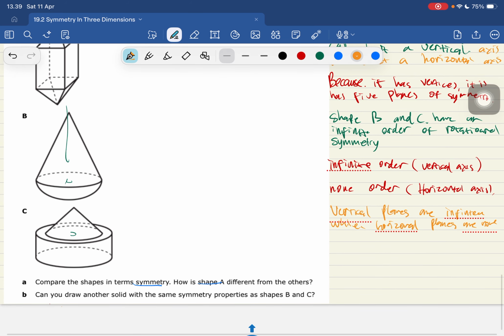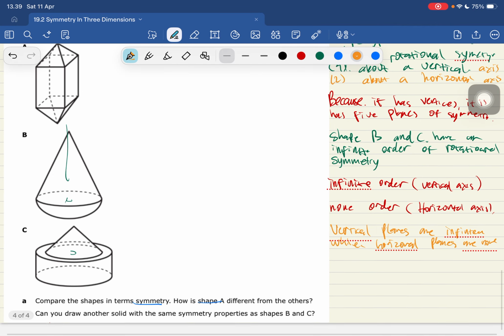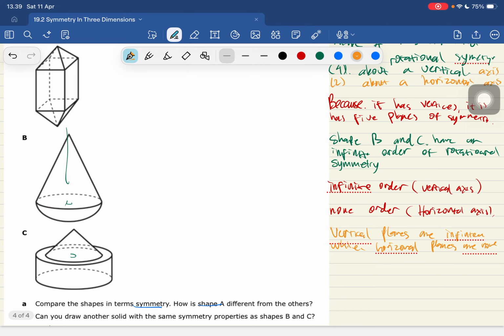Okay, B. Can you draw another solid with the same symmetry properties as B and C? This can be any of them, but we need to involve a circular base. So let's make it here. A circle, here also a circle.